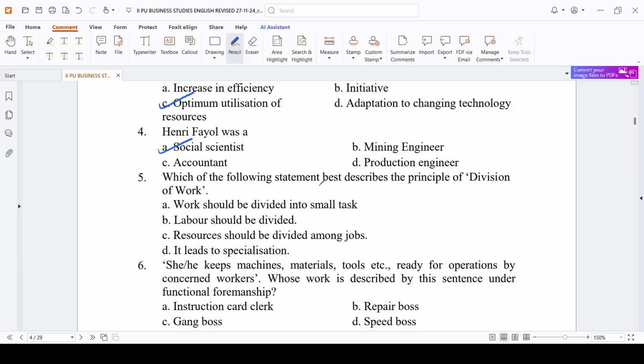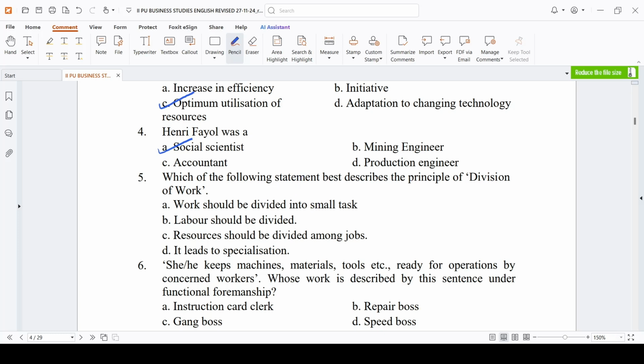Which of the following statements best describes the principle of division of work? Whatever I am discussing here, no need to read everything. If you watch this entire video clearly with concentration, the questions will automatically stay in your mind, so you can answer them in the examination. Why do we do division of work?